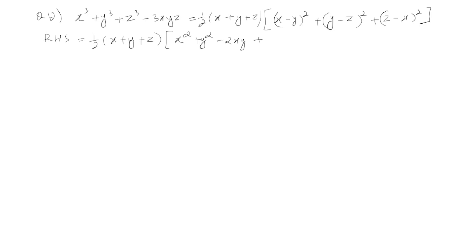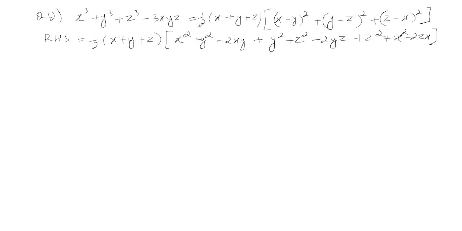Then we have a square plus b square minus 2ab. Then again a square plus b square minus 2ab. You can see in all the three brackets I have done the whole square.